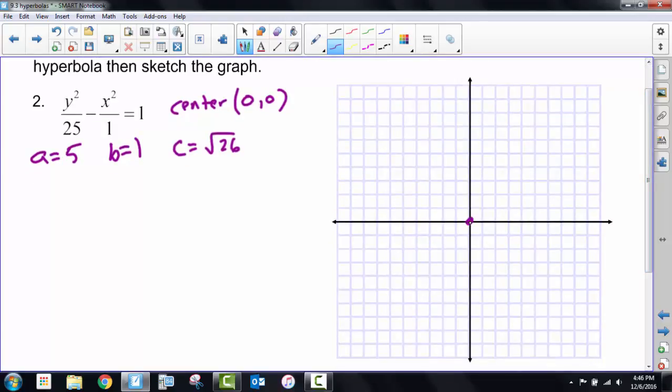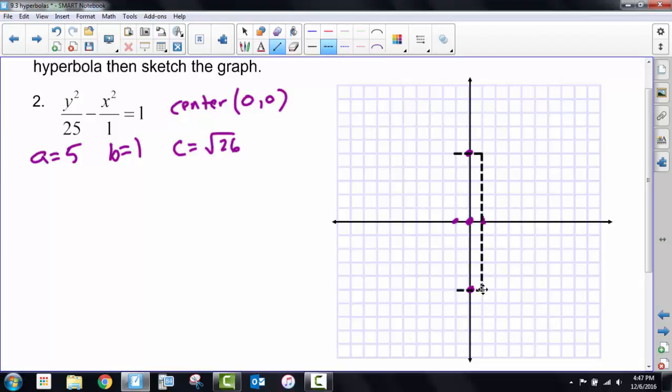Once you get here, it's really not too big of a deal to go ahead and draw your center and then start sketching your box, or your rectangle I should probably say. Now this rectangle is a little funny because it's so narrow and tall, so a little different than some of the others, but that's fine. It works the same way.